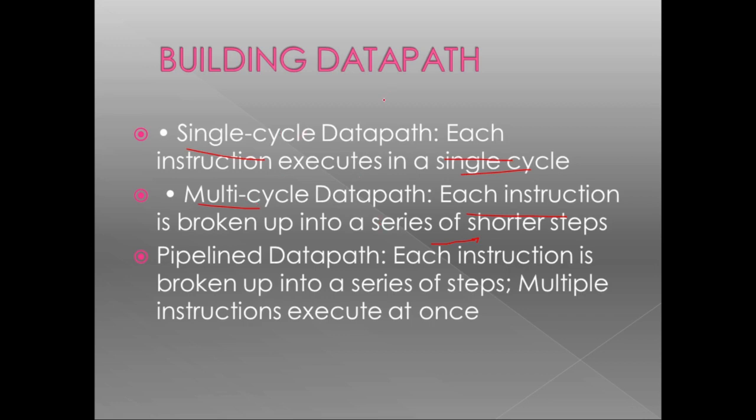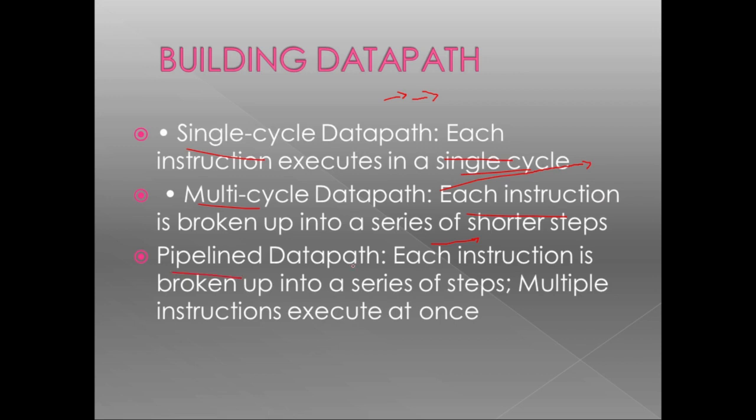In the single cycle data path, it will execute the instruction as it is given. But in the multi-cycle data path, the given instruction is segregated into smaller parts, and then afterwards it executes the broken instruction.